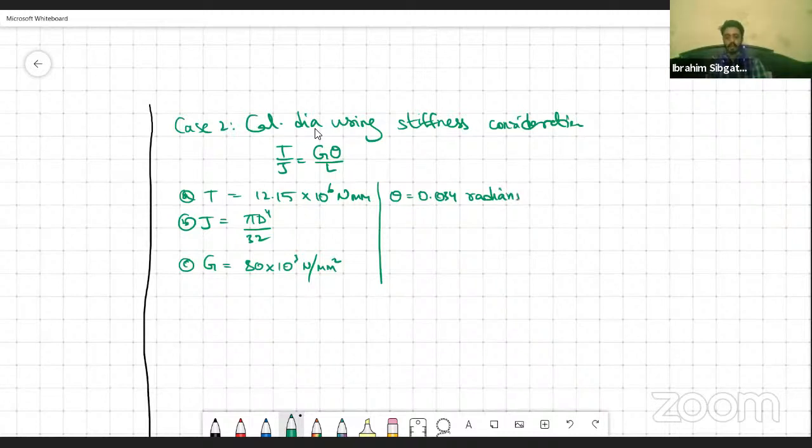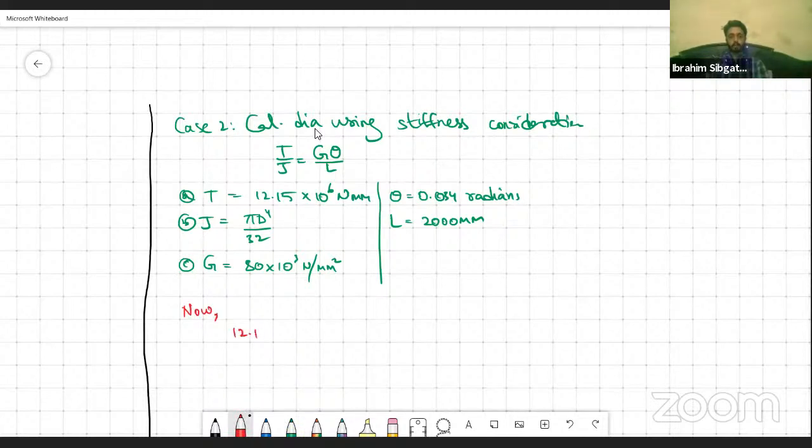Okay, and then finally length. The length was given as 2 meters or 2000 millimeters. Now we have the values, let's substitute them. So now, what is T?